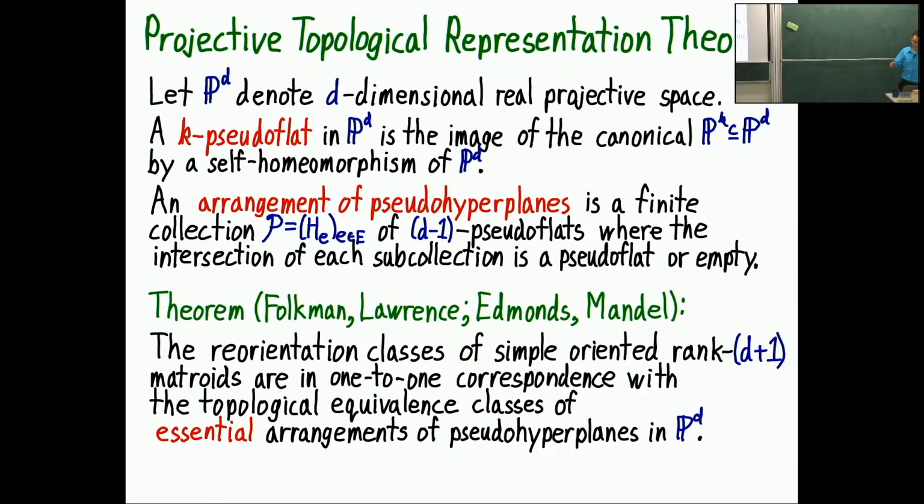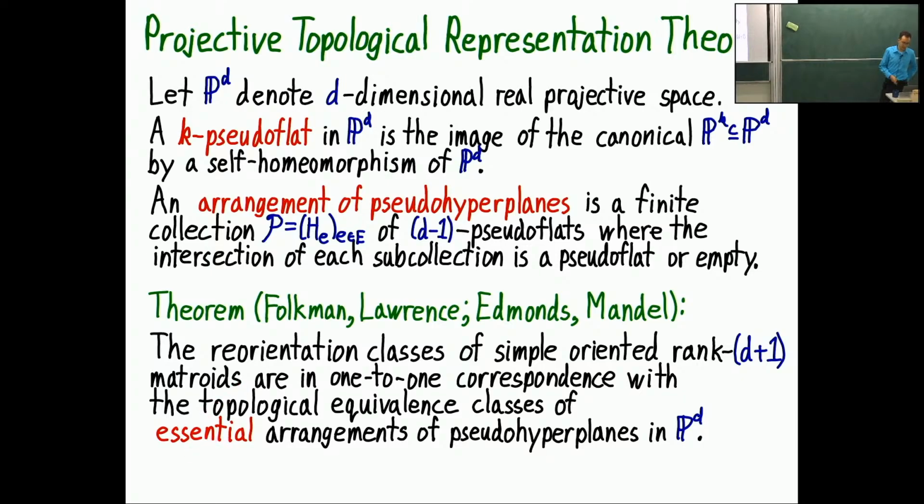And remarkably, any oriented matroid up to reorientation is in one-to-one correspondence with a topological equivalence class of arrangements of pseudo-hyperplanes. I do need this essential condition here.